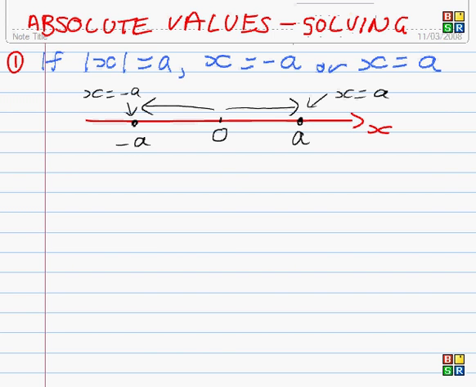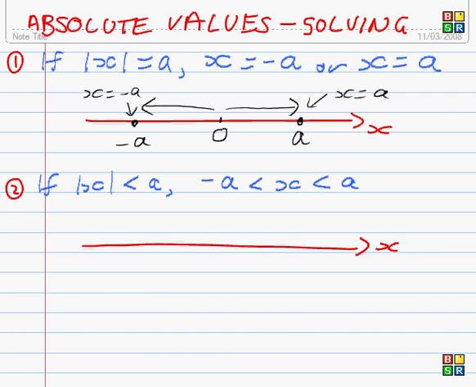Okay, and that's where that first rule comes from. The second rule is similar, and it says that if the absolute value of x is less than a, then x must be less than a and greater than minus a. Again, try to picture this rule in terms of the number line, because it all comes back to the number line.